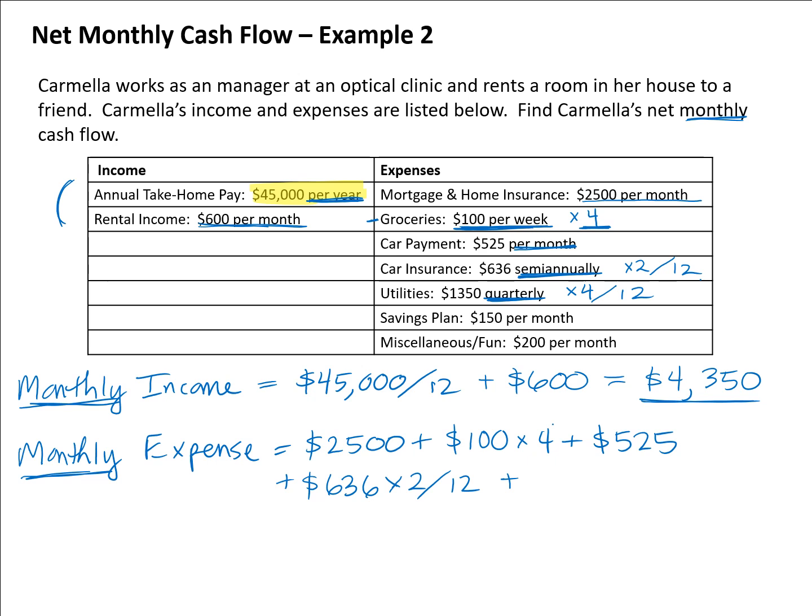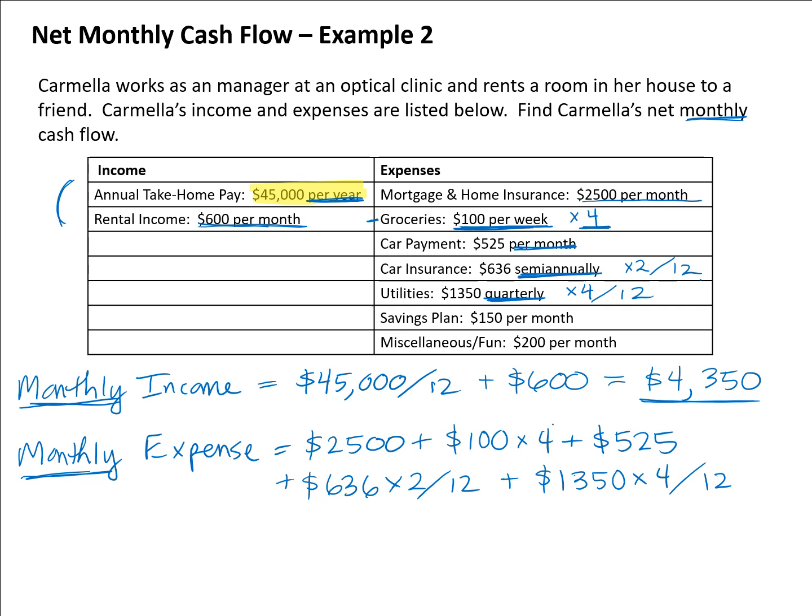Another option, though, is if you think about how many months are in a quarter of the year, there are 3 months. So the other thing you could do is simply divide by 3. It would be your choice. I'm going to take it out to the year like I mentioned up above. So 1350 multiplied by 4 to take it out to a year, and then divide by 12 to take it back to the monthly amount. So those are our two big calculations.